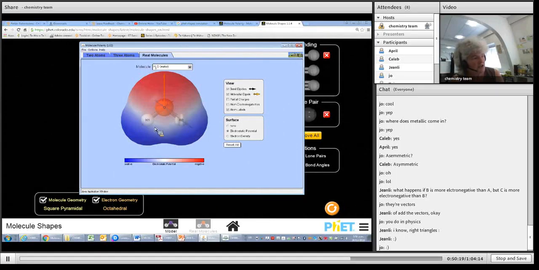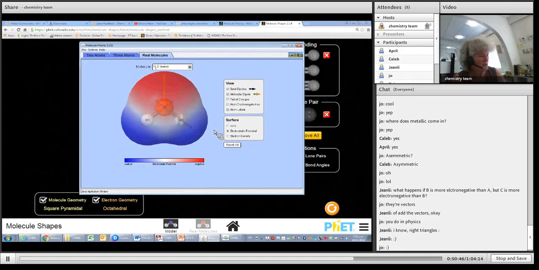So those arrows are pointing towards oxygen, giving me a molecular dipole. So if I have bond dipoles that do not cancel out because of the shape of the molecule being asymmetric, I'm going to have a molecular dipole. And that means I'm going to have a polar molecule. So you can play around with that quite a bit.